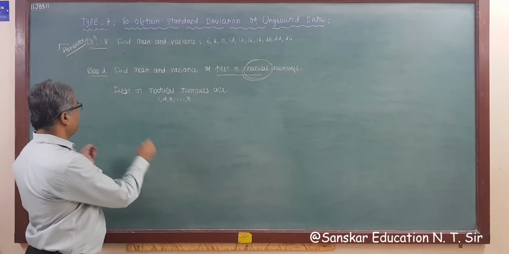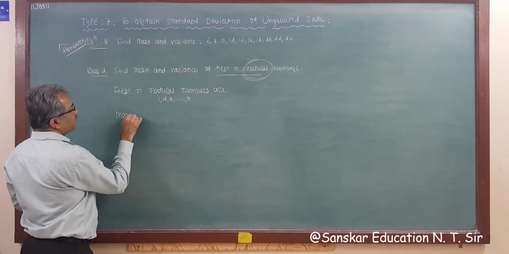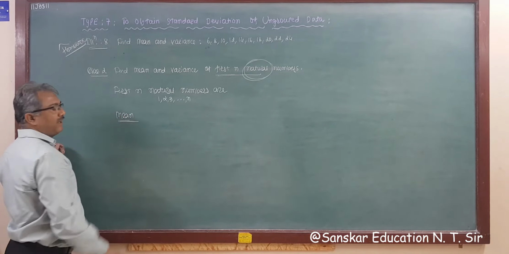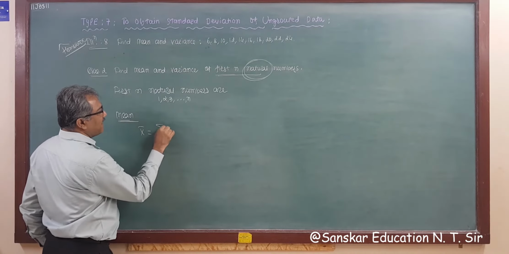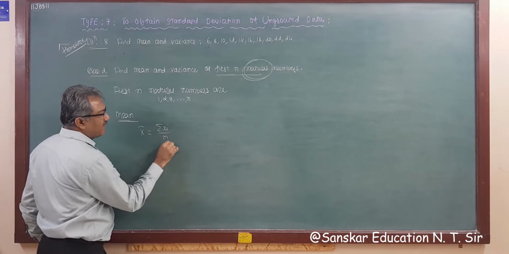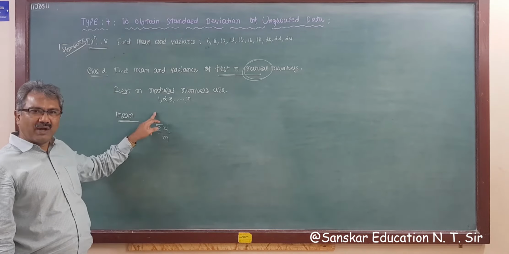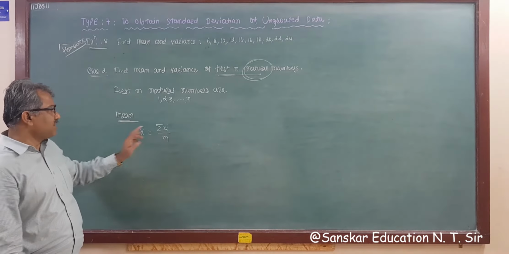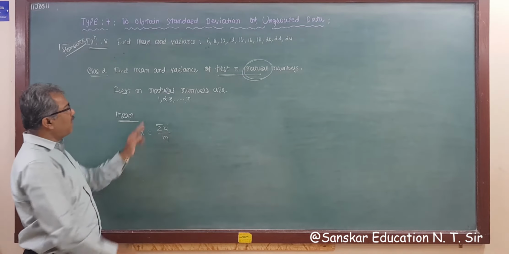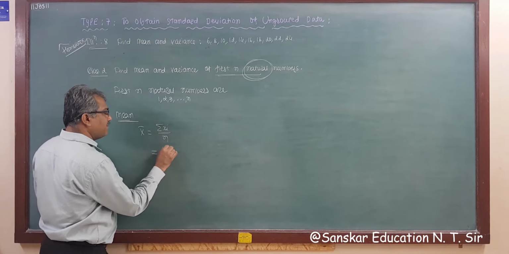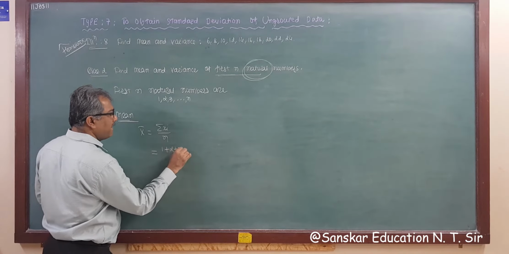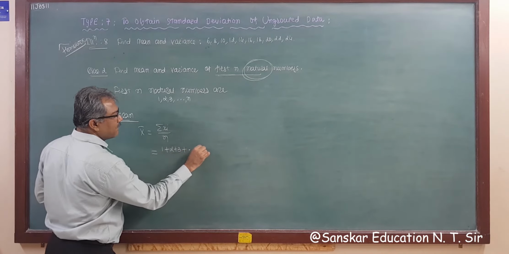Now first, the mean. The formula for the mean is x bar is equal to sigma xi upon n. We are not writing i running from 1 to n, right? So sigma xi means the sum of all the natural numbers, that is 1 plus 2 plus 3 plus up to n.